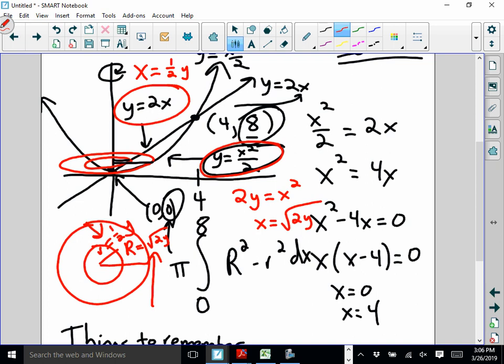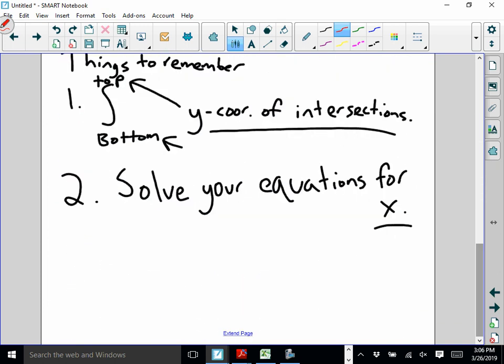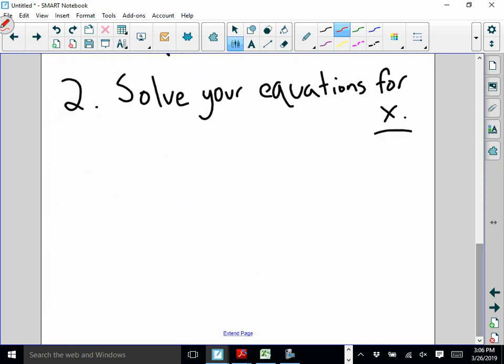Okay? Putting this all together now, let's actually solve this one out. The volume of this region, which is going to be fundamentally different than the region that was revolved around the x-axis, is going to be pi times the integral from bottom to top. The bottom was 0, the top was 8. It's not 0 to 4, it's 0 to 8.